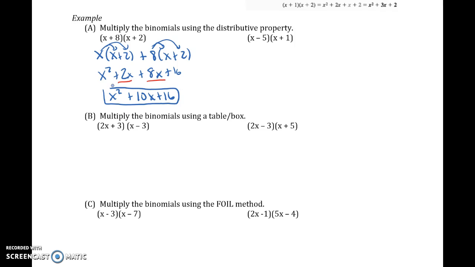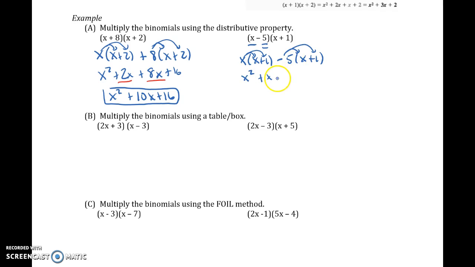Okay? Same thing here. Again, we're just basically going to split up these two values and distribute them separately. So this turns into what? Well, it'll be x times x plus 1 minus 5 times, again, the quantity x plus 1. And then just go ahead and distribute it out. Being careful now that this is a negative 5, so we don't want to lose that negative sign.